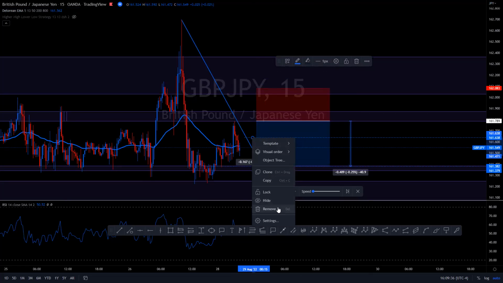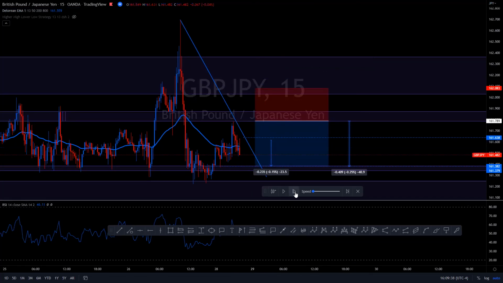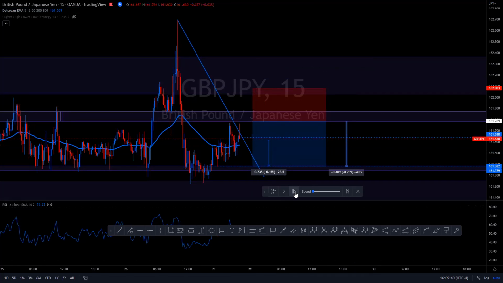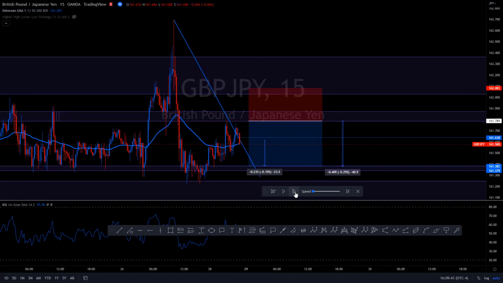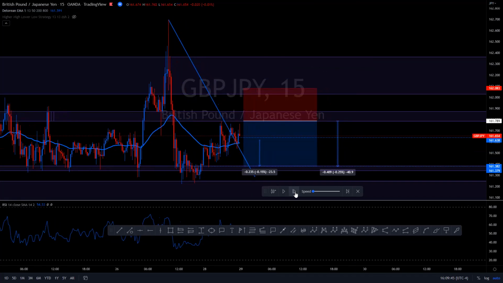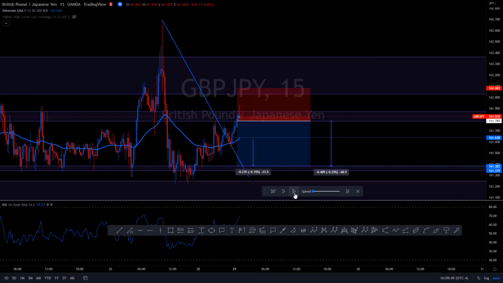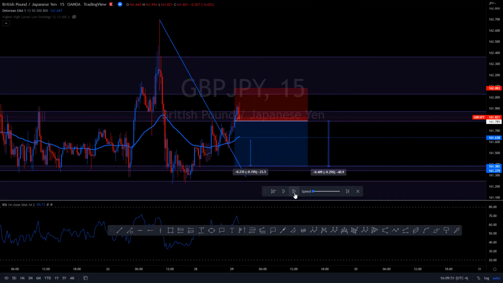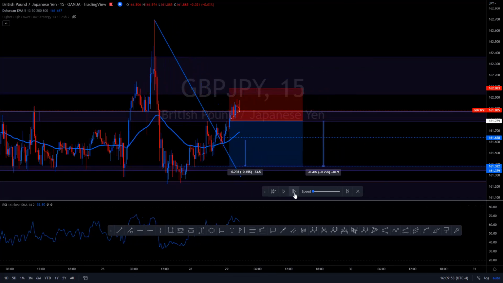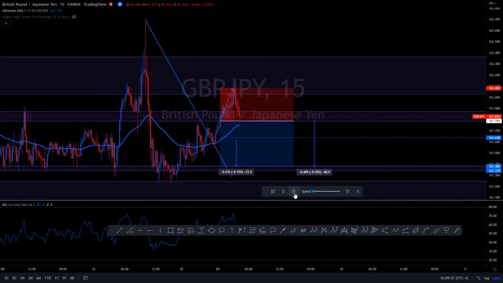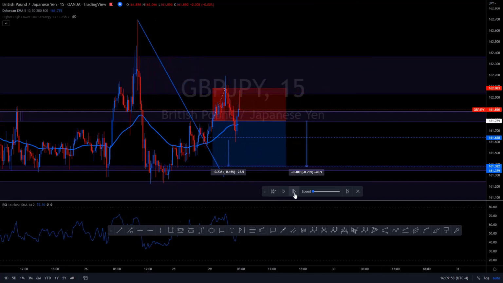But let's see if it goes even down further. So it might be targeting... well, we would have won that trade, but overall we were actually bullish.